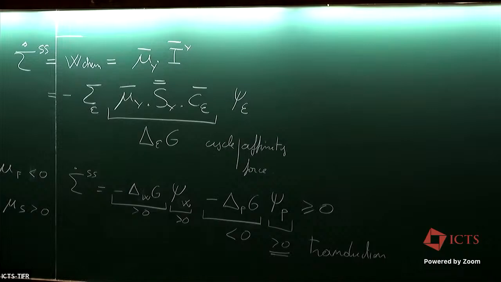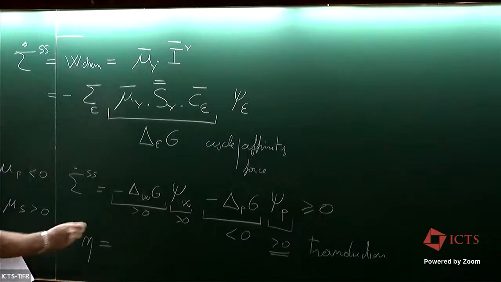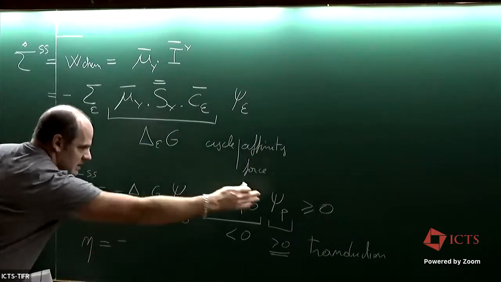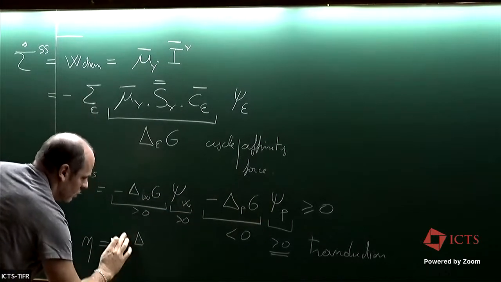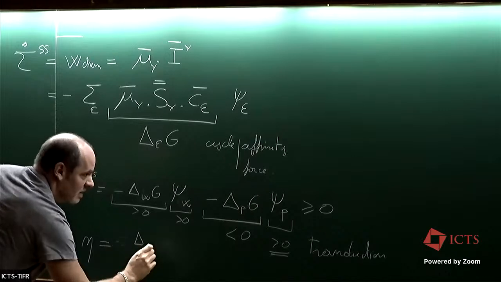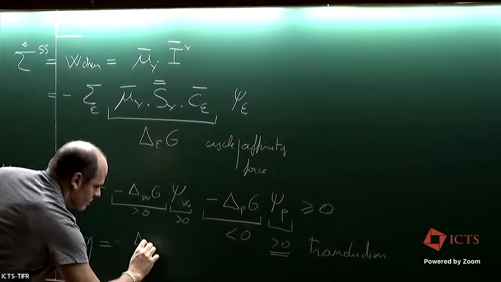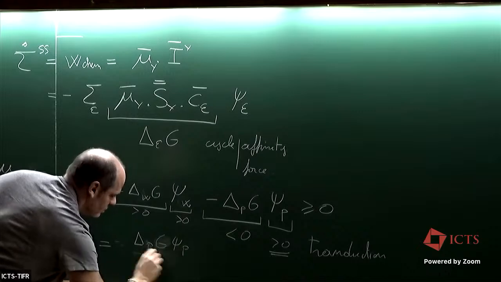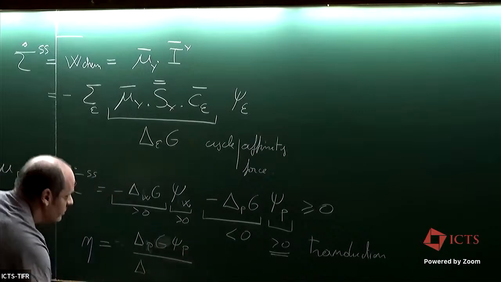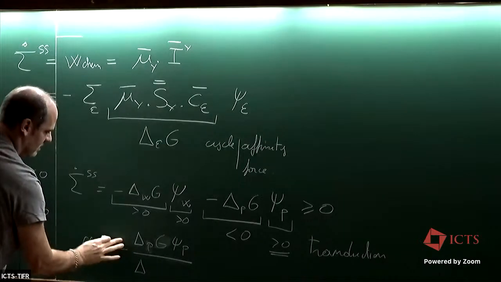And the efficiency of this transduction is going to be given by minus the output, which is going to be plus, well, I can drop this one. So minus this, so minus is plus, divided by that, so I have a minus in front.